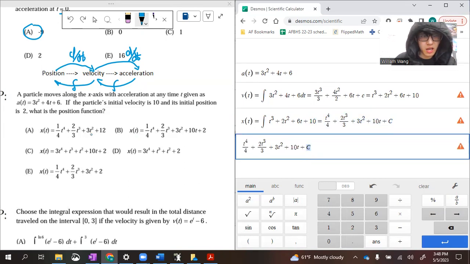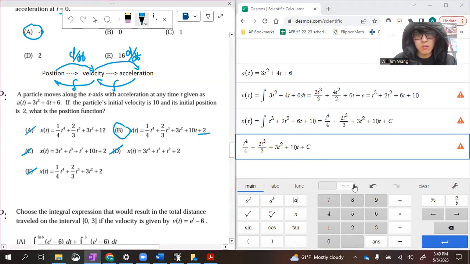Okay, and I almost have my answer here. It could be A or B. Actually, it could not be A because there's no 10t. It could not be C, D, or E. Based on this, my answer choice has to be B. However, you might be like, how did they get 2 here? Remember, they told me my initial position is 2.